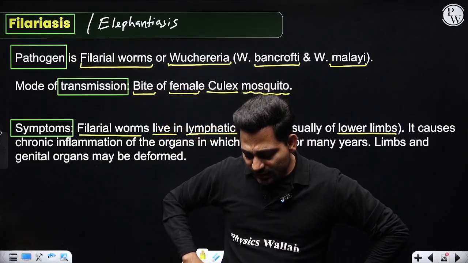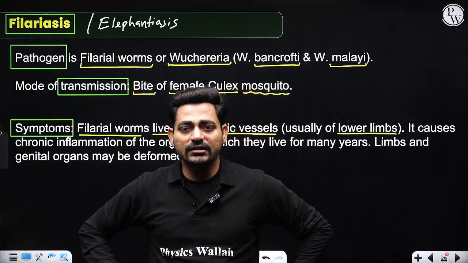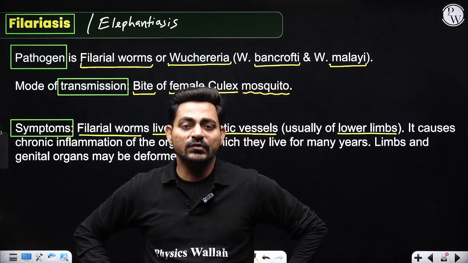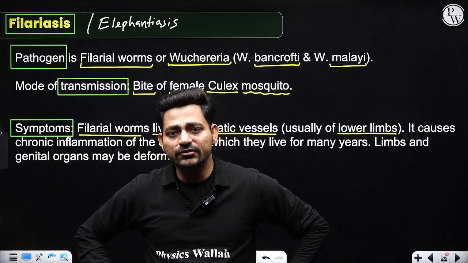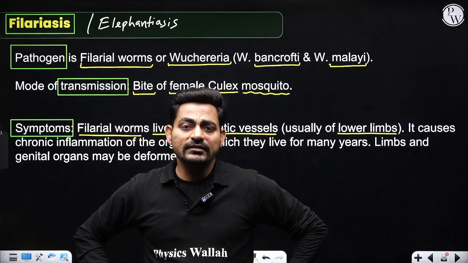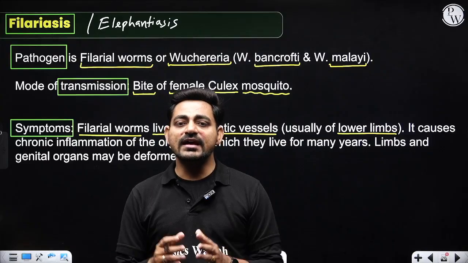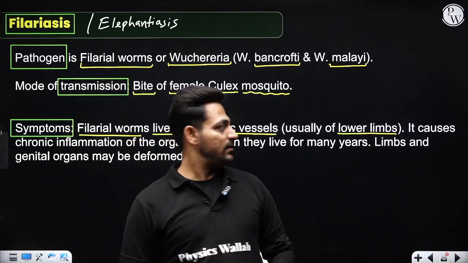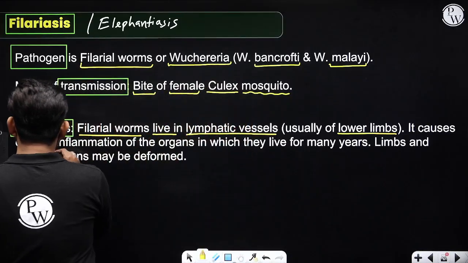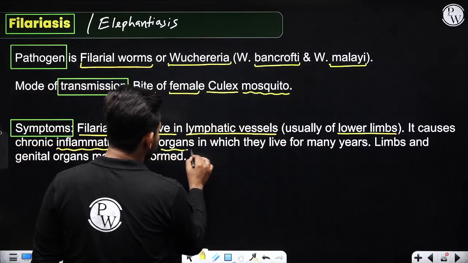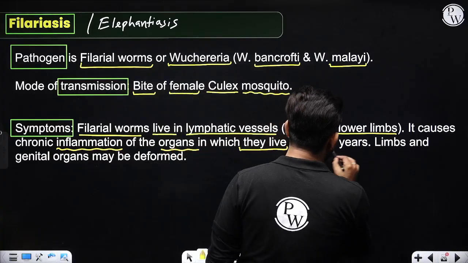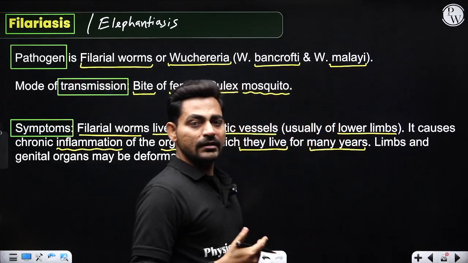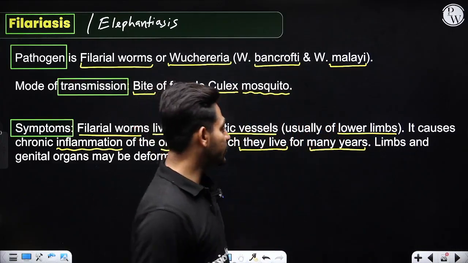So comparatively the lower limb region is less movable, particularly when we sleep, right? There is less movement in the lower limbs, even the genital organs. So these are the sites where they will be residing. It causes chronic inflammation of the organs in which they live. Where they live, they live for many years, so that's why the symptoms will be chronic.